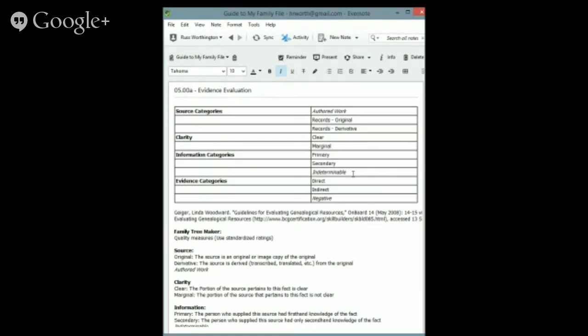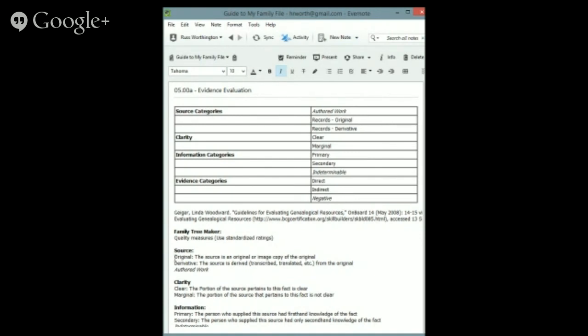And as a matter of fact, there's also another category where indirect and direct is negative. Again, these are what I have in Evernote for my memory, and these three italicized items are what I learned from Mastering Genealogical Proof.